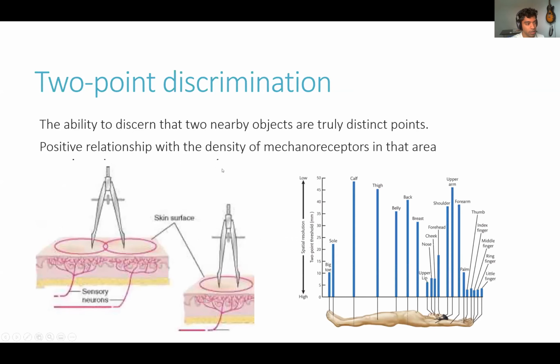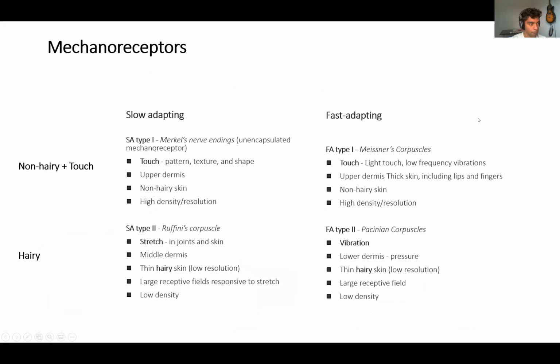Two-point discrimination is the ability to discern the difference between two nearby objects and discern whether they are truly two distinct points. It's controlled by the density of mechanoreceptors in that area. And obviously, the more dense it is, the better resolution you have.